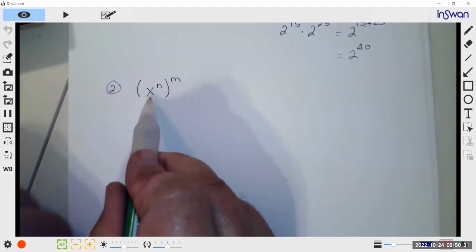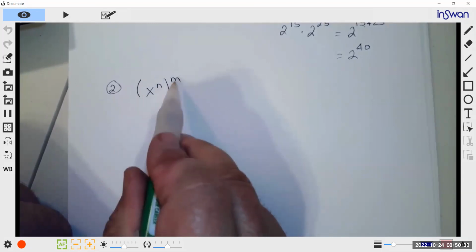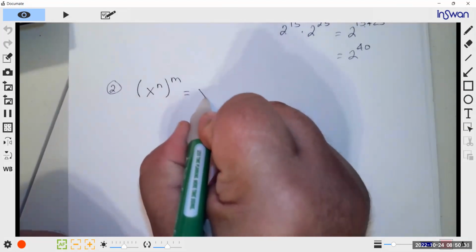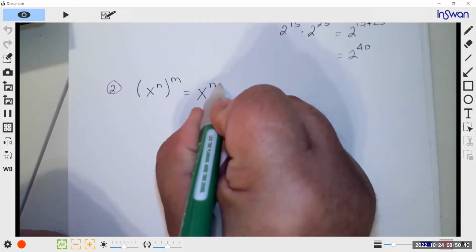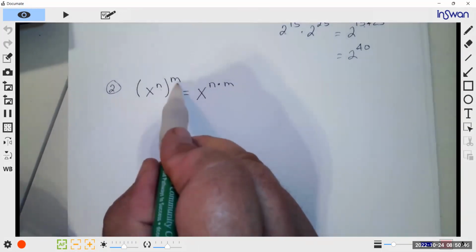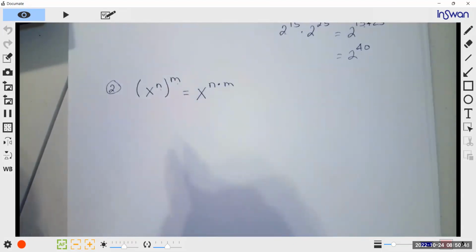Whenever you have an exponent raised to a power, then you multiply the exponents. When you have a power to a power, you multiply.